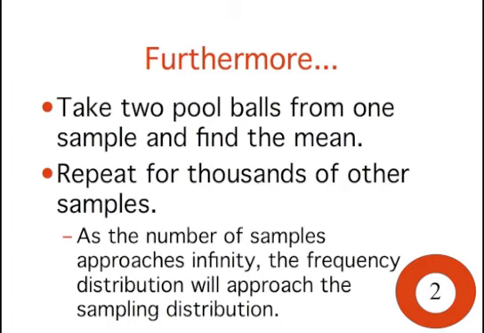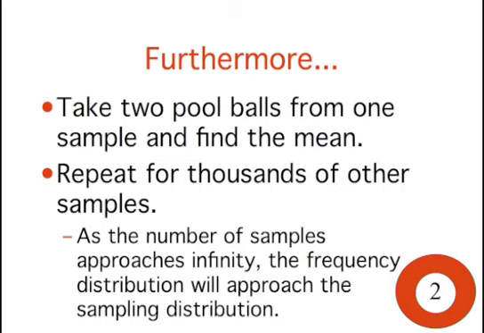There is an alternative way of conceptualizing a sampling distribution that will be useful for more complex distributions. This time, we're going to use multiple samples. Imagine that 2 balls are sampled with replacement, and the mean of the 2 balls is computed. This process is repeated for thousands of other samples. A relative frequency distribution is drawn for the entire set of means.